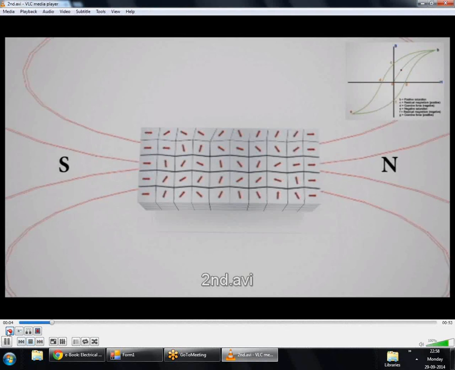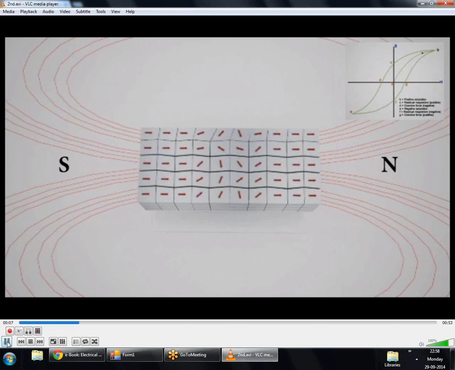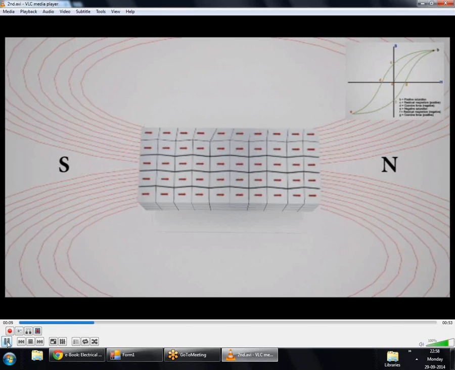So we see here, initially our material was randomly oriented, and we start to apply an external magnetic field, and the grains start to orient themselves in the direction of the applied magnetic field. Then there comes a point where most of the grains are almost aligned, which is the point shown over here. Clear?